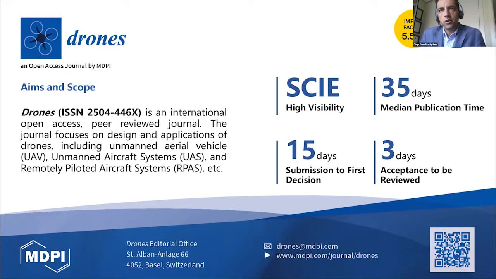So Drones Journal guarantees an average publication time that is very, very attractive for those scholars, for those researchers that need to promote their research, need to give visibility to the papers and the research that they are doing at university, at companies, or in different environments.